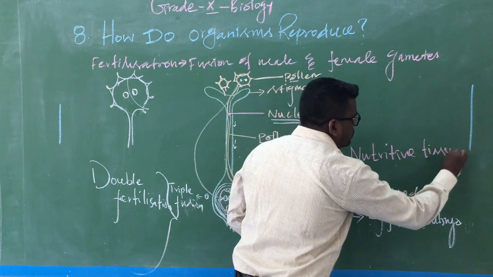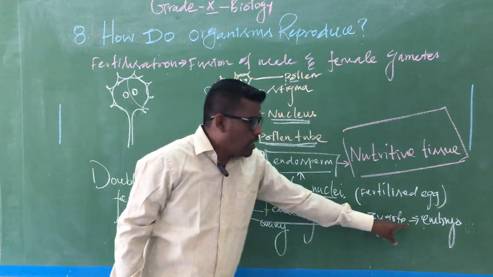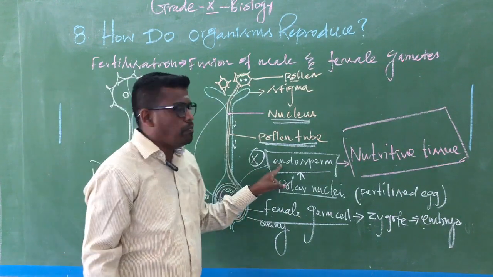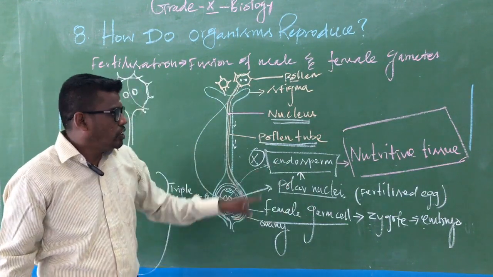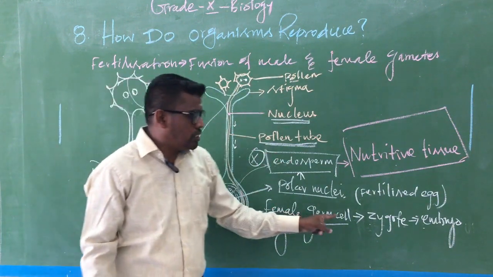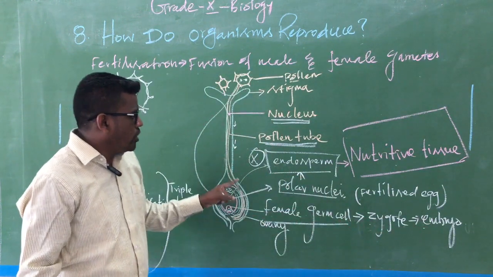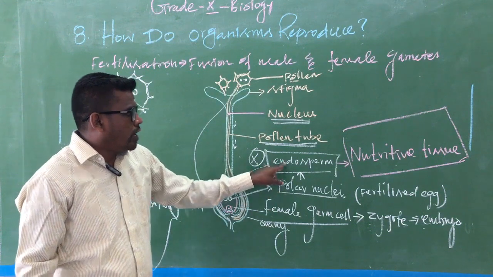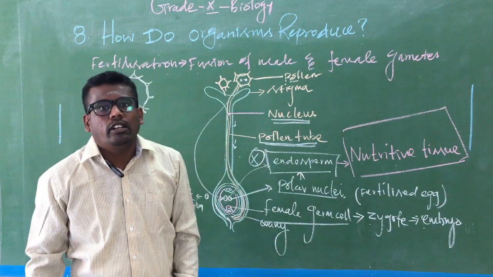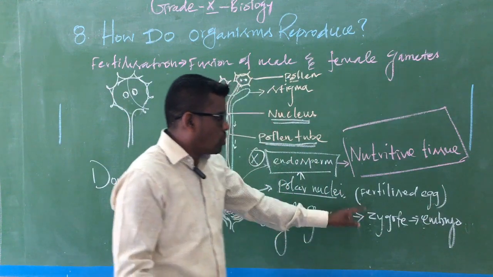Endosperm is a nutritive tissue. When the embryo grows, it needs energy and food, which is provided by the endosperm. So two nuclei are there. One nucleus fuses with the female germ cell and forms the zygote and embryo. Another nucleus fuses with the polar nuclei and forms the endosperm, a nutritive tissue which gives nutrition to the growing embryo.